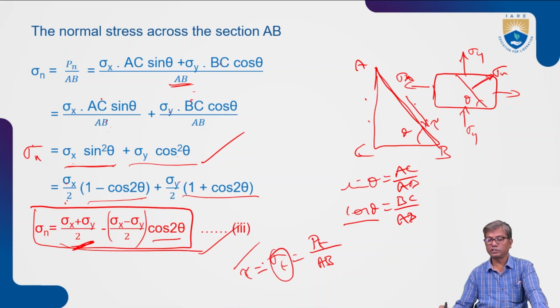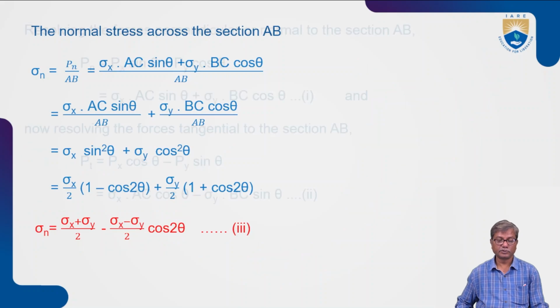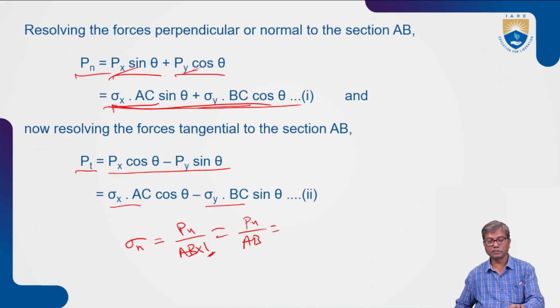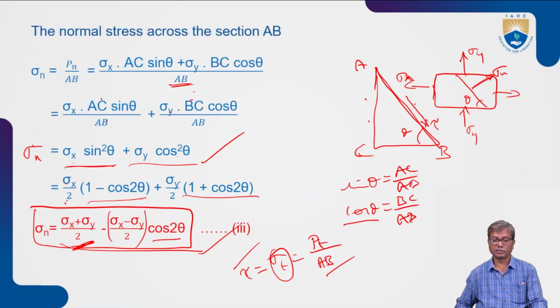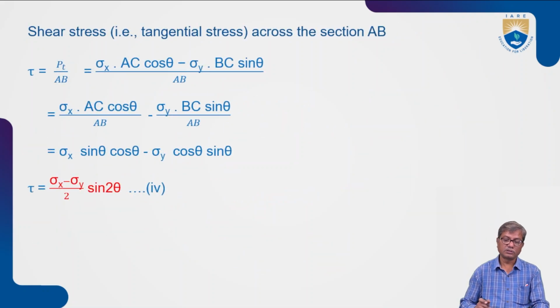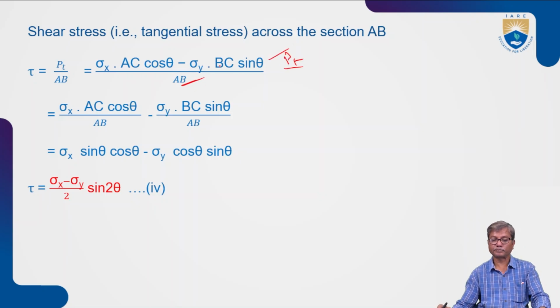Tau is equal to shear stress, tangential stress or shear stress, which is equal to Pt by A. So what is Pt? Already we have seen here. Pt is sigma x AC cos theta minus sigma y BC sin theta, isn't it? So that divided by AB.